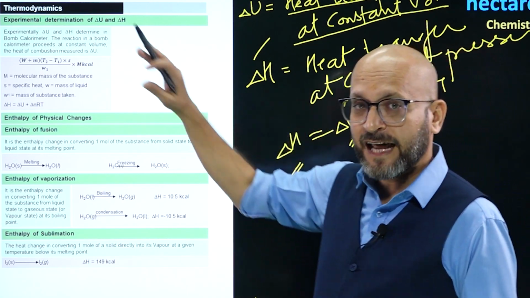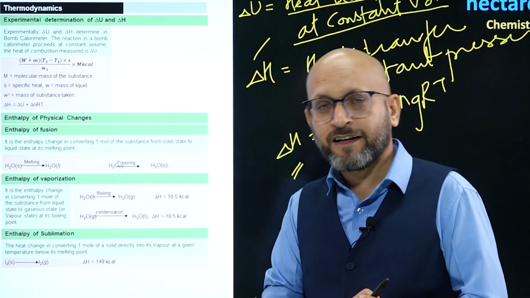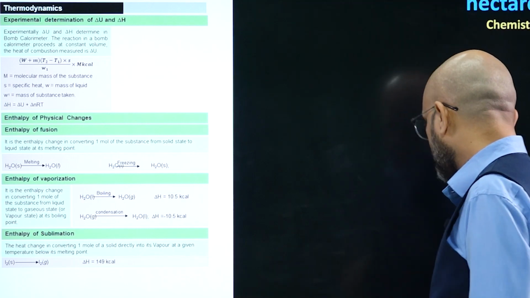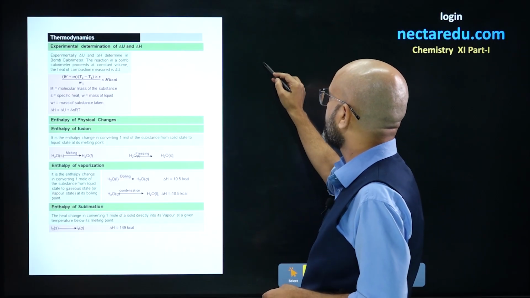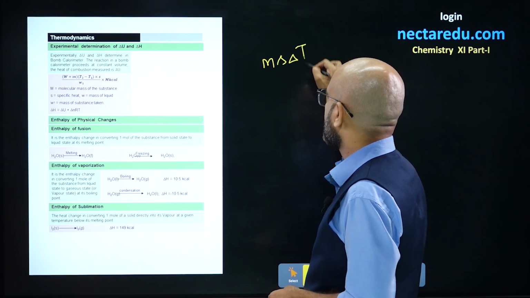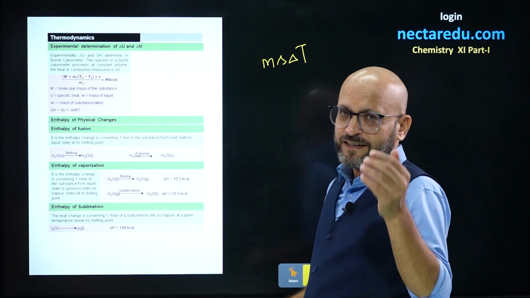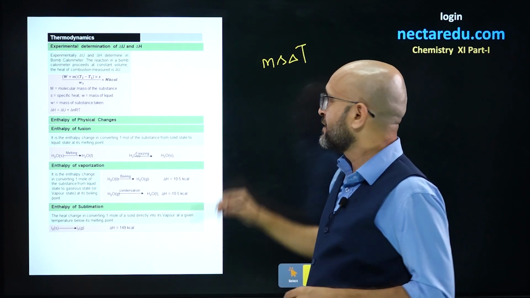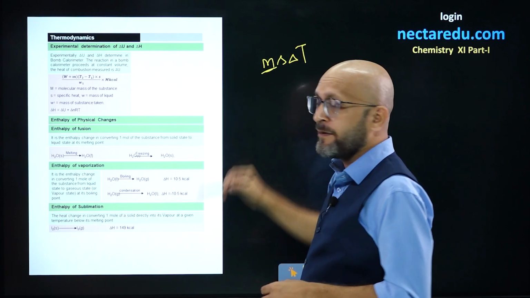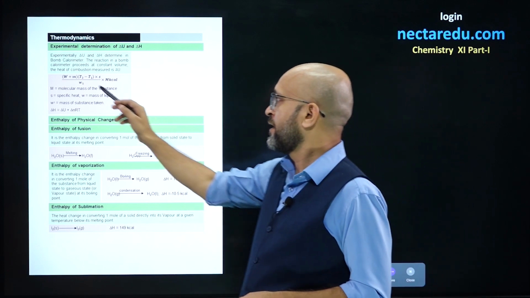Basically, direct calculation through the bomb calorimeter is of internal energy change, delta U, right. So, what is the formula? The formula goes like this. You must have heard of this formula, m s delta T, right. And what is delta U? Delta U is basically per mole, right. This is the heat transfer for m mass, so for per mole you have this calculation.